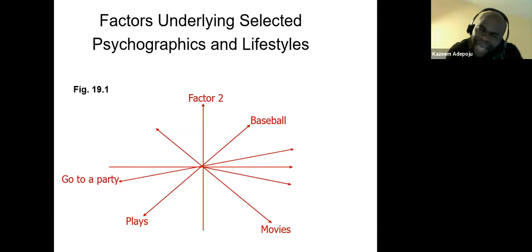If I decide to go to a movie, or I decide to go to baseball, or go to a party, or I decide to play, or whatever lifestyle I choose, I believe the cause can be attributed to a certain factor.